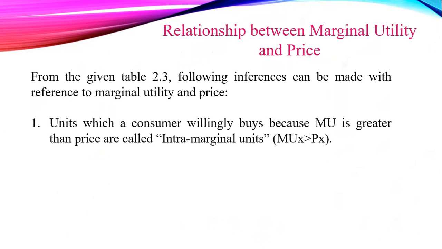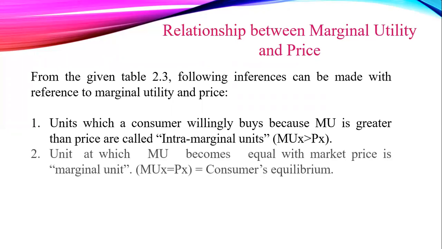Number 1, units which a consumer willingly buys because MU is greater than price are called intra-marginal units, meaning MUX is greater than PX.